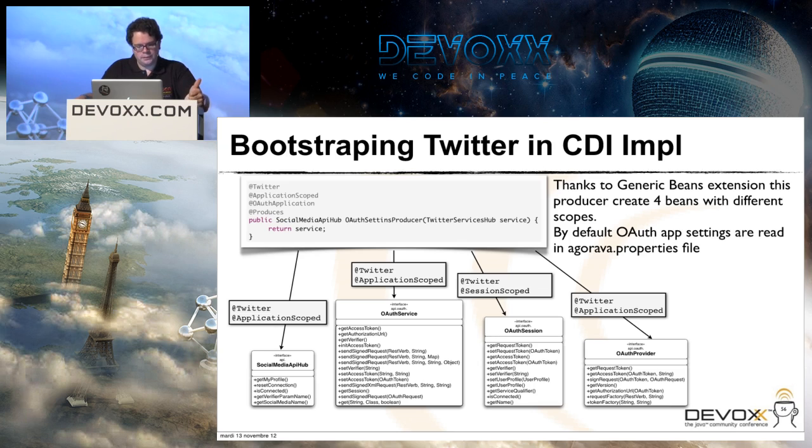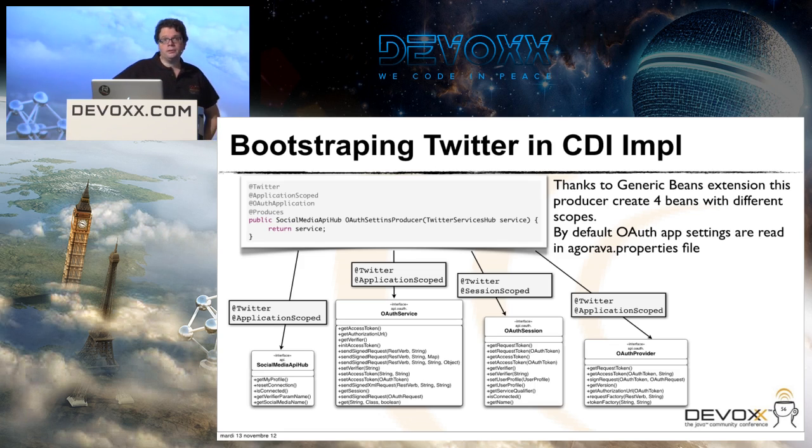The first bean is the social media API hub that I am declaring here, and it's in application scope, so it's for all the application. The second one is the OAuth service bean, which will have the same @Twitter qualifier and is also in application scope.